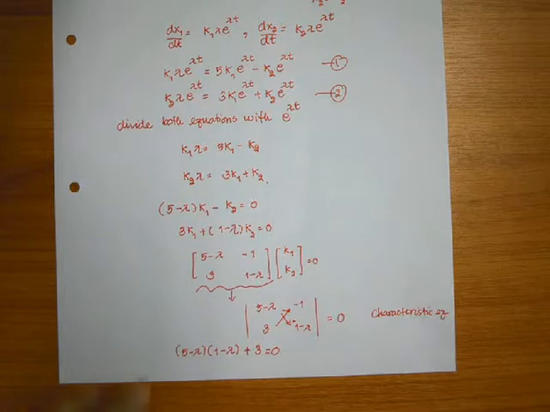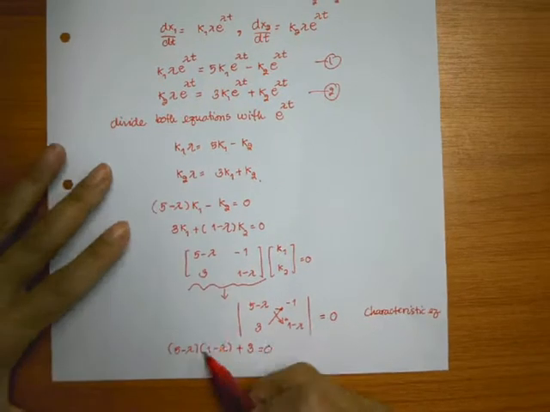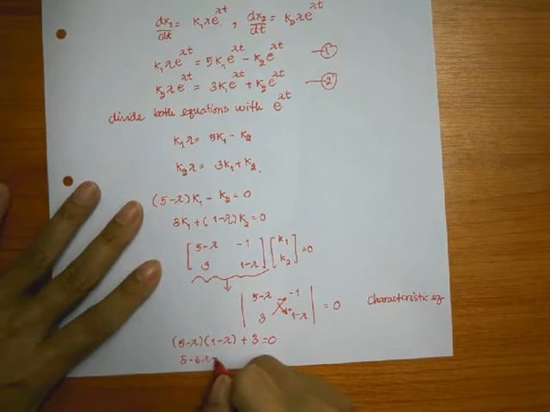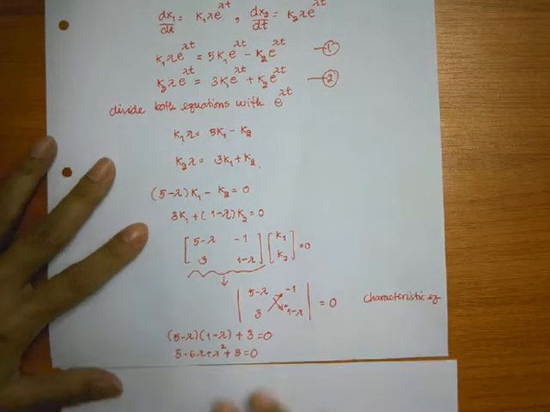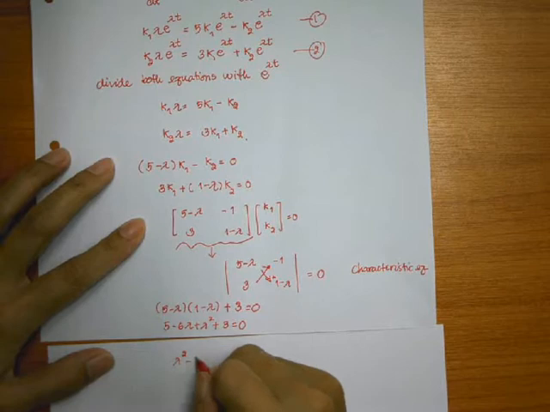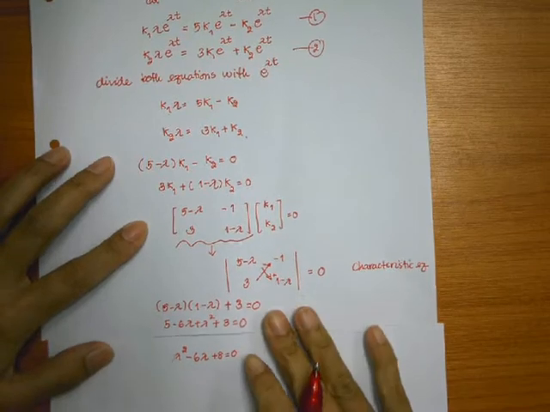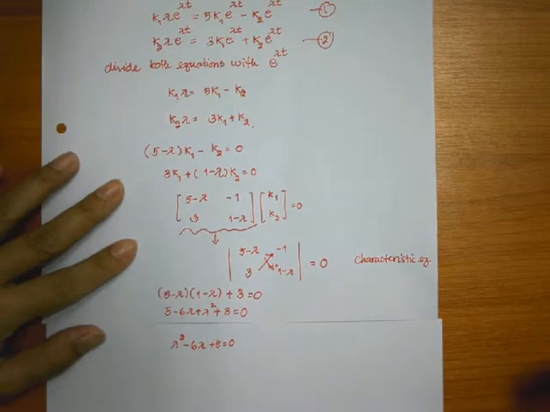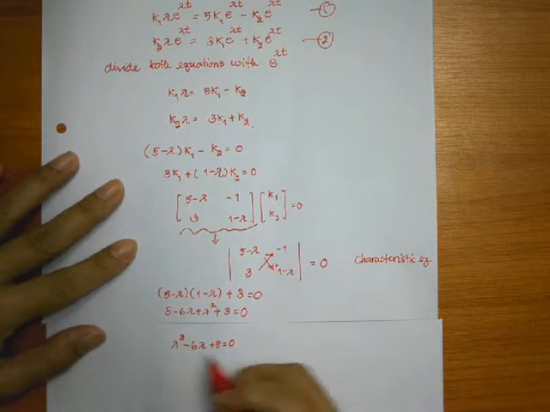Now, by this term, we would get 5 minus 6 lambda plus lambda squared plus 3 equals 0, or lambda squared minus 6 lambda plus 8 equal to 0. Can we find lambda? We should get two values of lambda, right?